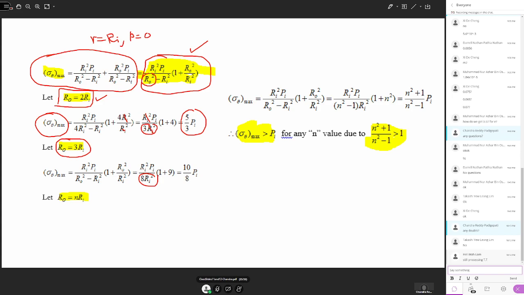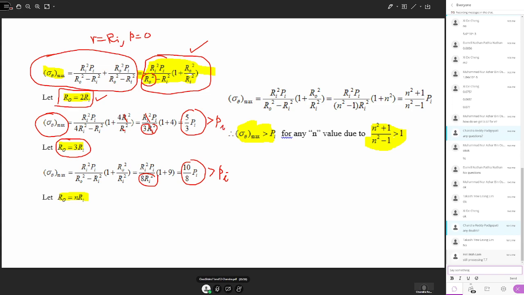Then Ro square over Ri square is 9, so 1 plus 9 becomes 10. So you get the ratio sigma theta max, the maximum tangential stress, as 10 by 8 times Pi. This is definitely greater than Pi because it is greater than 1. So here also it is greater than Pi.